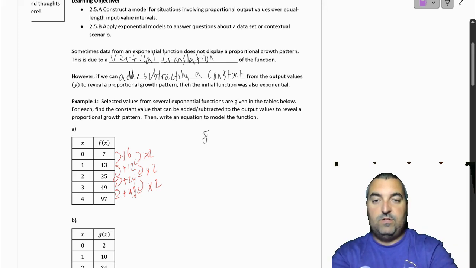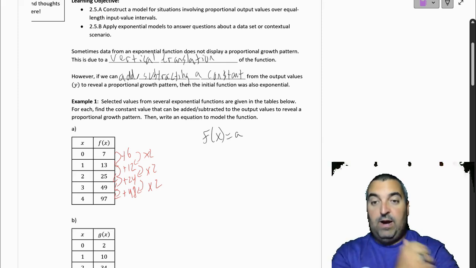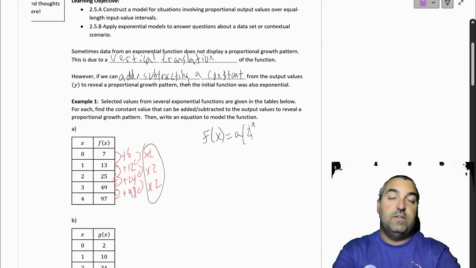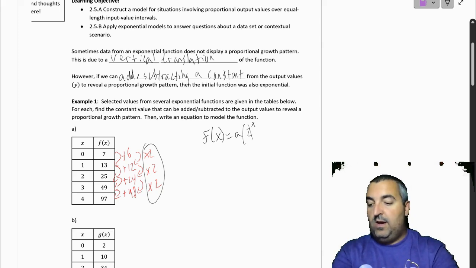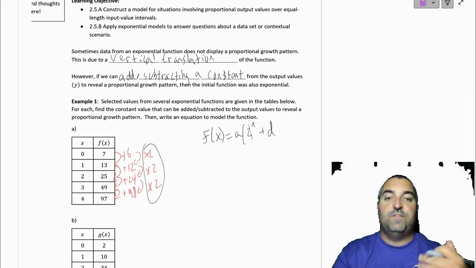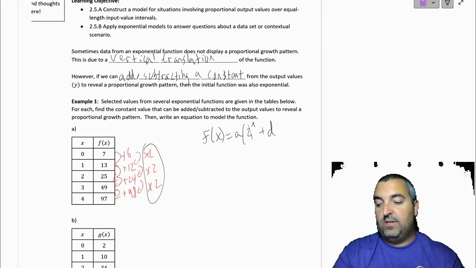We're going to start with our normal function value. Hey, it's all being multiplied by 2, so that means our b is 2, and then it's to the x. The problem here is we don't know what this a value is. We don't know what our initial would be. We also don't know what our vertical shift is. We have to find those two things.